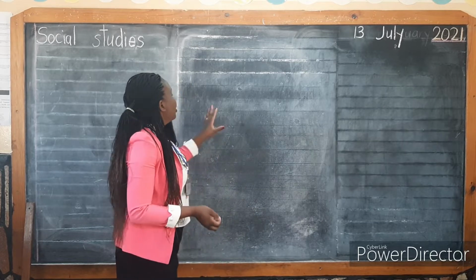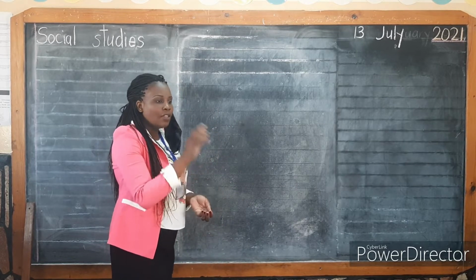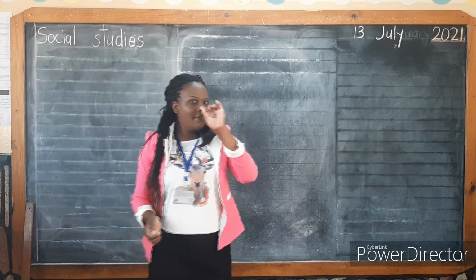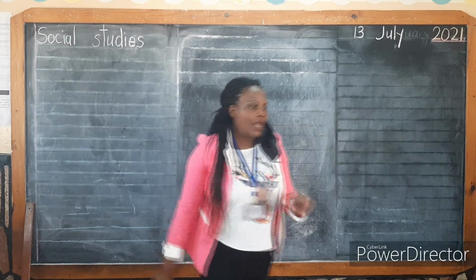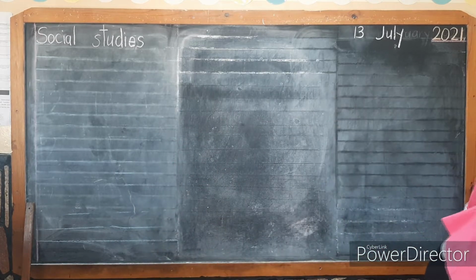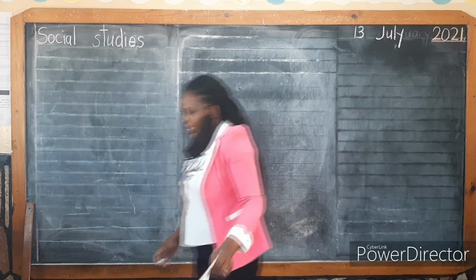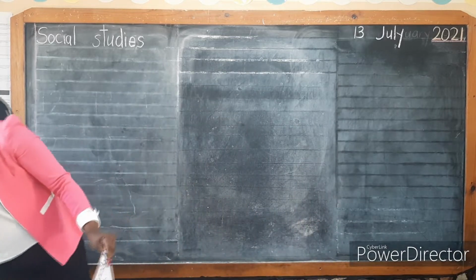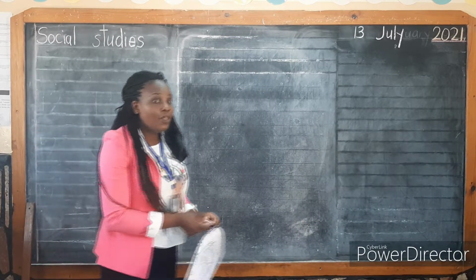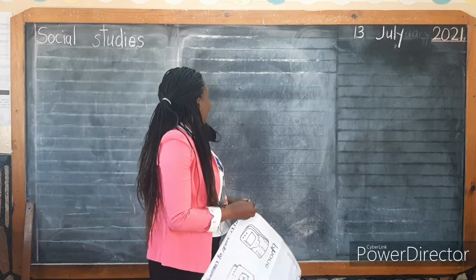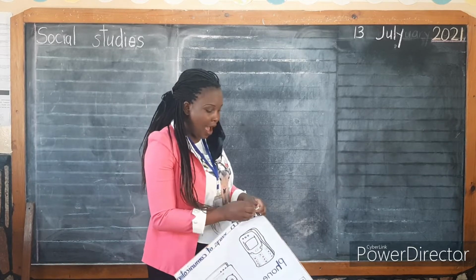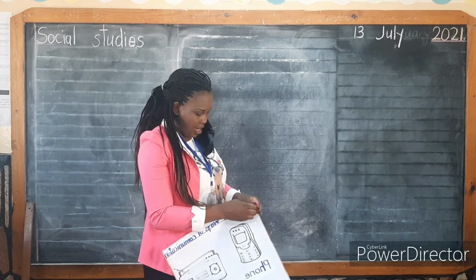So, I'm going to show you a chart. And on the chart, I want you to identify the things that we use for communication, when we want to talk to mommy, to dad, to grandpa, uncle, your sister.